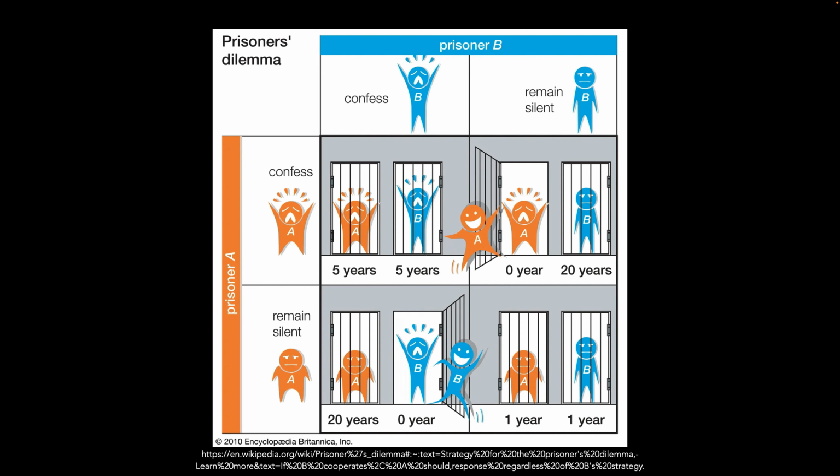The opposite happens if prisoner A stays silent and prisoner B confesses: then A stays in jail for 20 years. Whereas if both prisoners remain silent, it's only 1 year. So in the ideal situation, they both should stay silent, so they get the least amount and a fair deal.